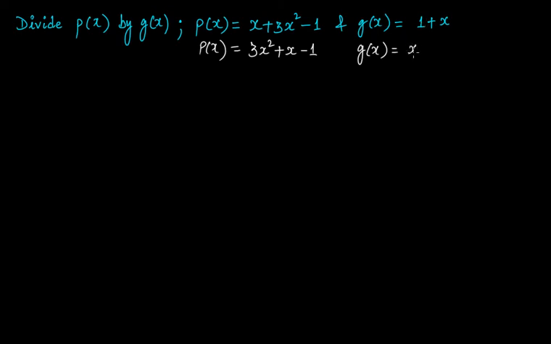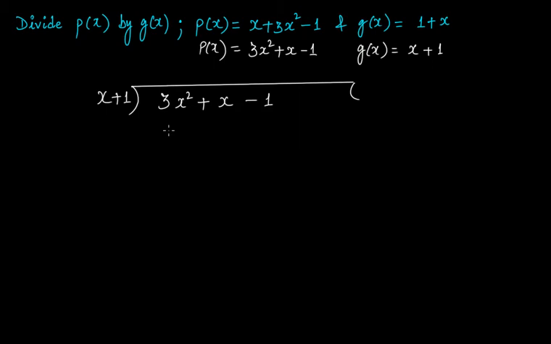That's why x plus 1, in the decreasing order of the exponent of this variable. Okay, now write this as x plus 1, and let's take this like this. Here it is 3x squared plus x and minus 1.